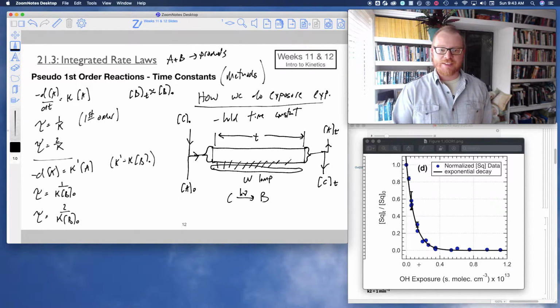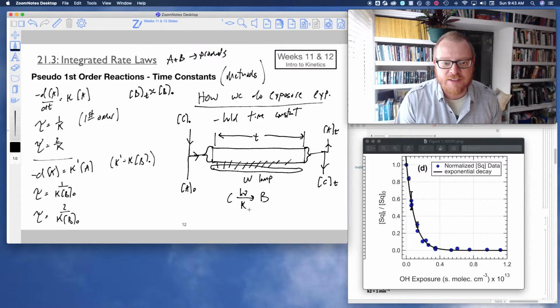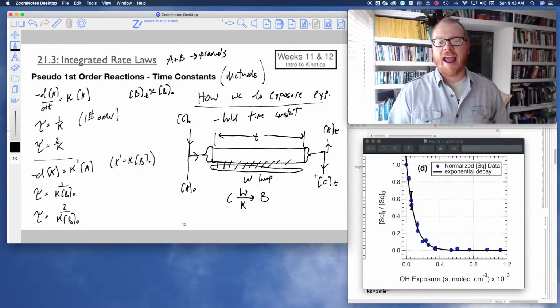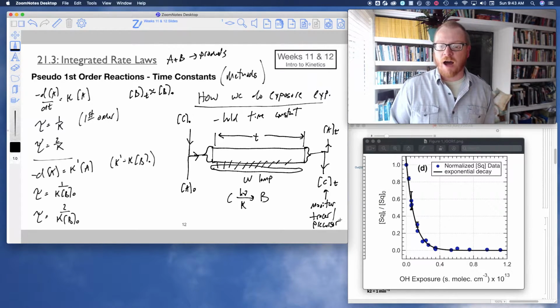So what we do instead is put in a certain amount of C that won't be consumed. We know what this rate constant is, that's known. So we monitor simultaneously A and C. We often call this species C a tracer or even a precursor. So it's typically something stable that we can monitor. Okay.